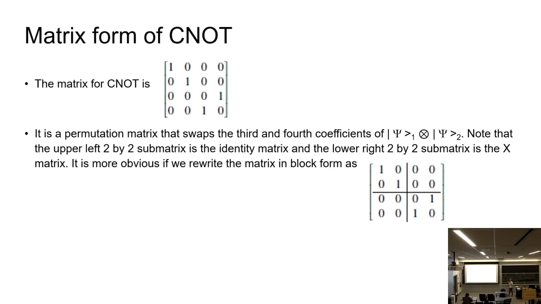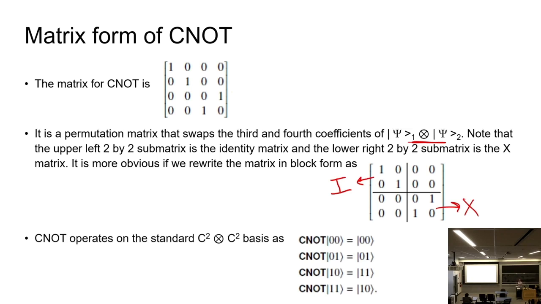So sometimes when you're looking at these more complicated 2-qubit gates, it's helpful to chop them up into little 2x2 pieces and ask yourself what's happening. So I can summarize what the CNOT gate does for our standard 2-qubit bases.